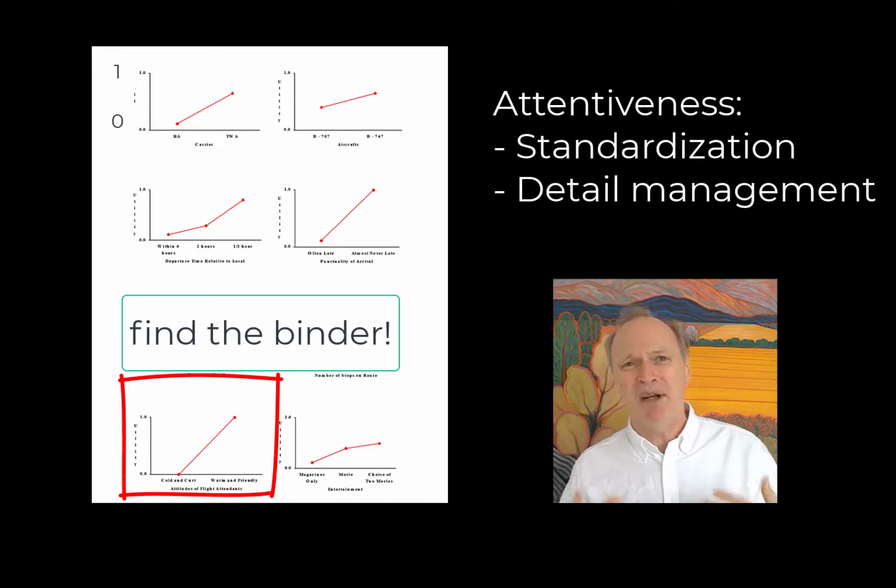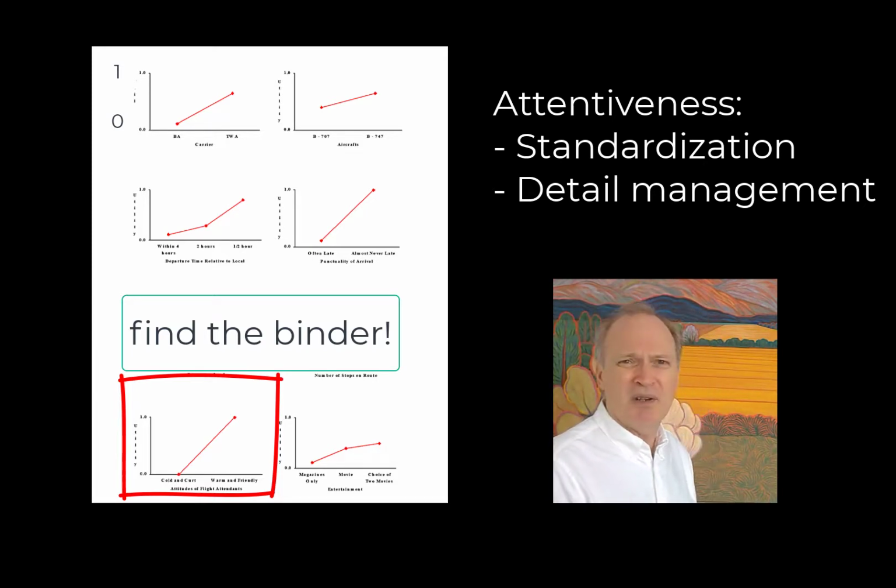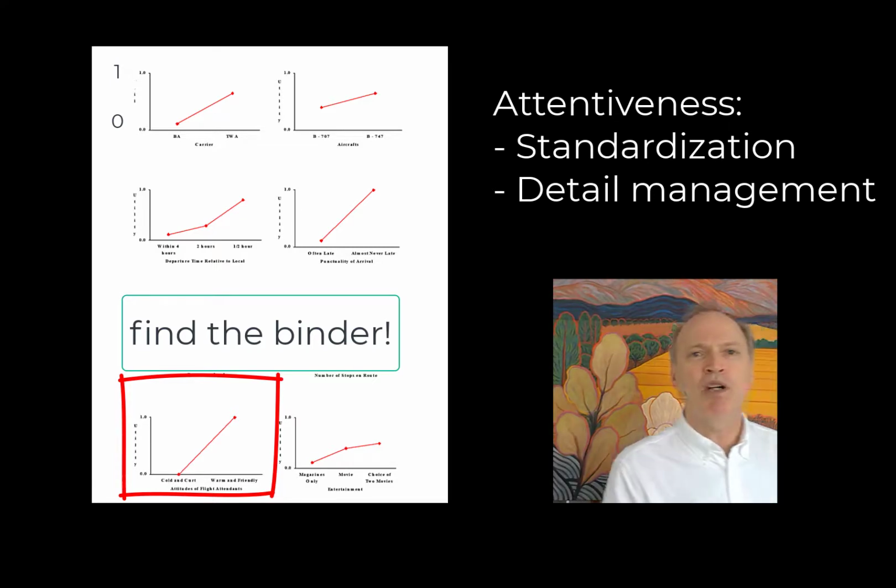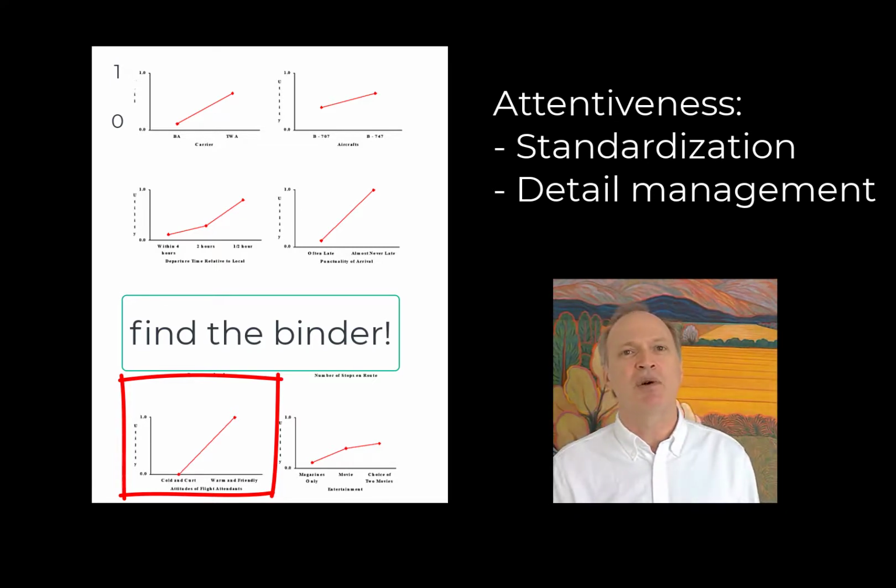Have you ever gone to an American airline like Delta or another, and you'll notice that the flight attendants are pushing a cart down the middle, and they're literally looking up in the air and saying, anybody need drinks? And they keep walking and looking and walk to the back of the plane. That's low service quality, low attentiveness. You go to Singapore Airlines, and what do they do?